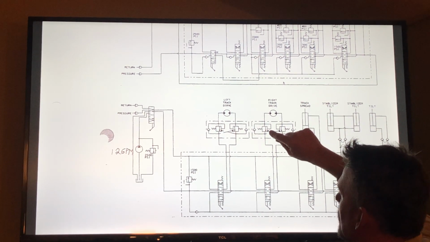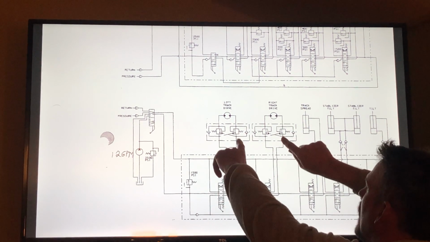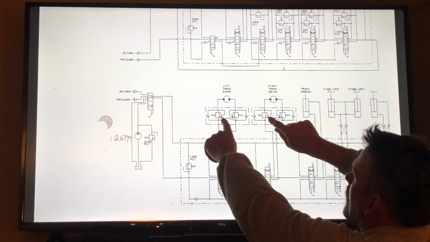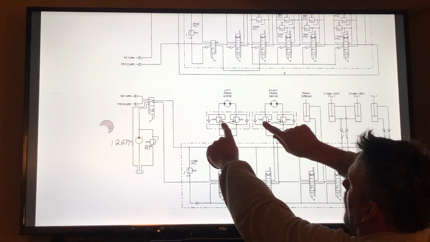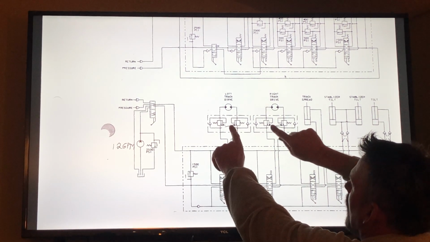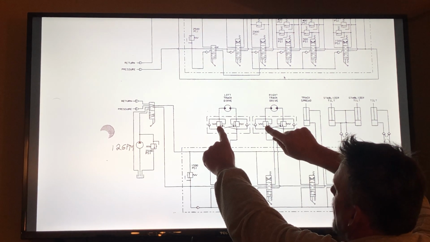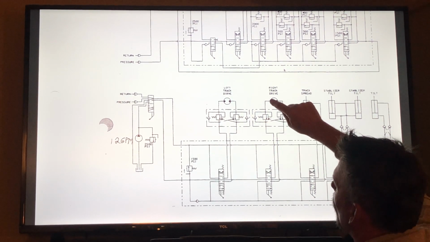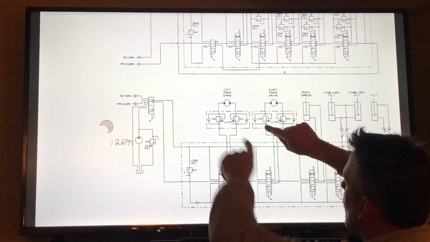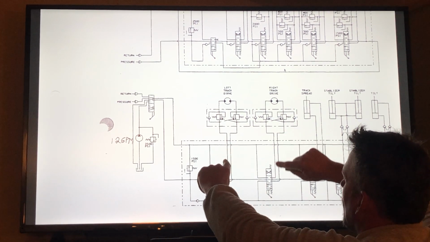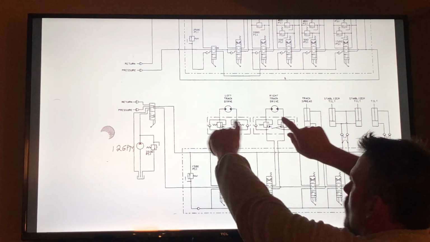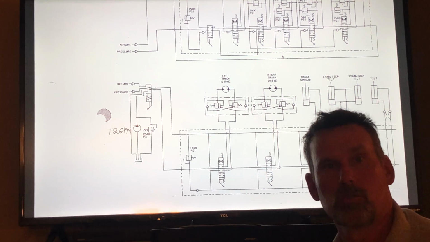Now this pilot signal is also building at the same time, and the pilot signal is now high enough to overcome the spring, and it shifts this spool aside, and now the oil is allowed to get out and go back to tank. So now the track motors will drive straight ahead.